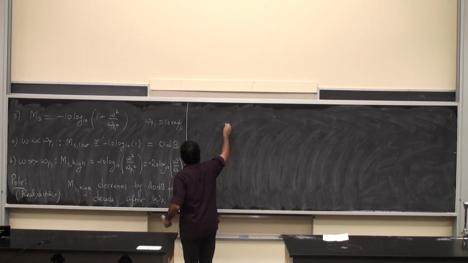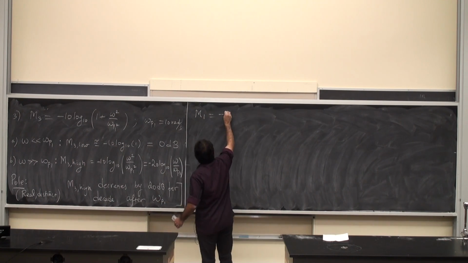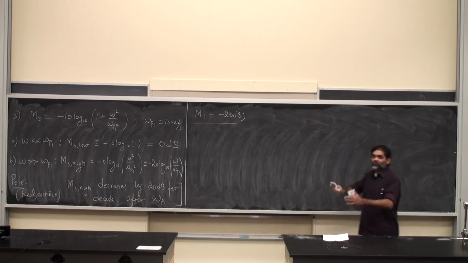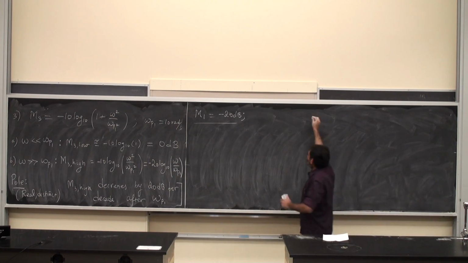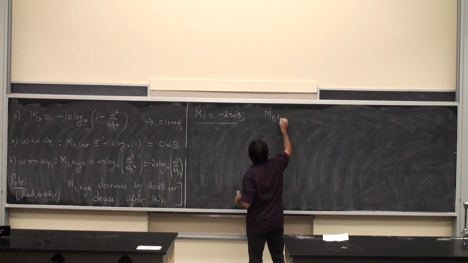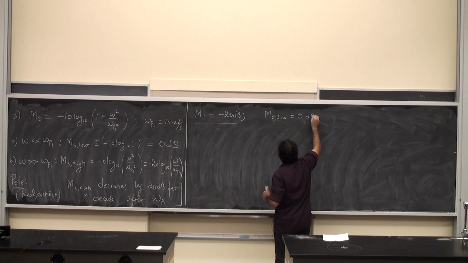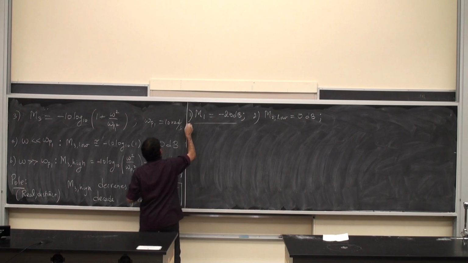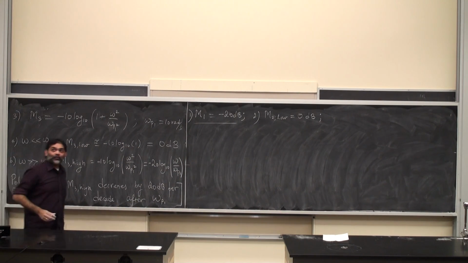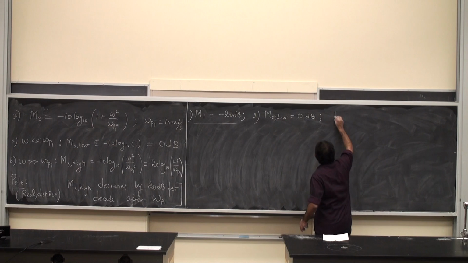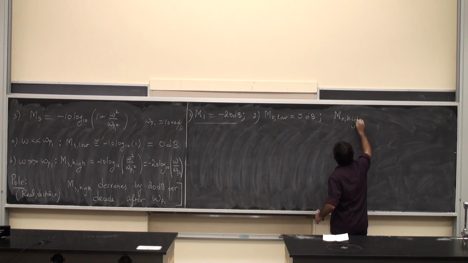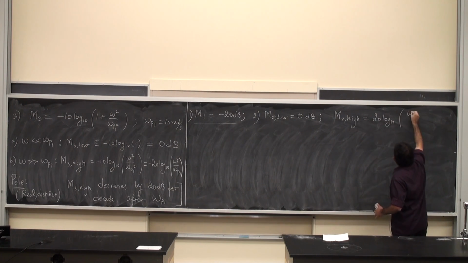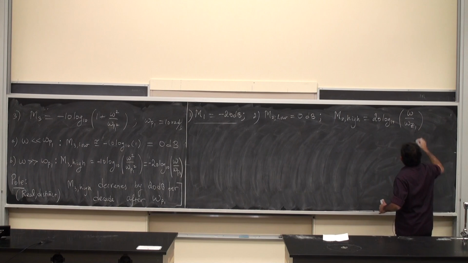So in summary, M1 is minus 20 decibels, nothing done there. M2 low, 0 decibels. M2 high was 20 log 10 omega by omega z1.